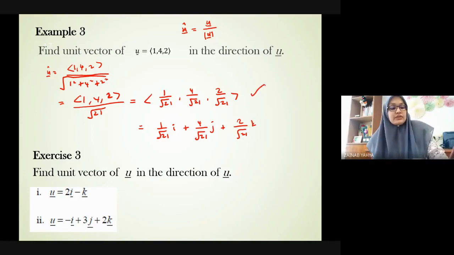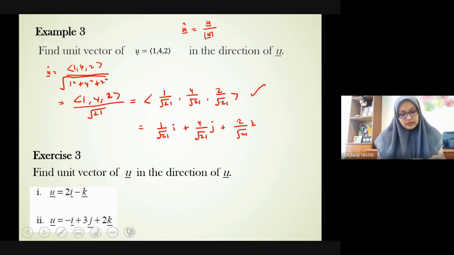Normally I'll just leave it like this, because I don't want to write ijk. If you try to find the magnitude of this unit vector, eventually you must get 1. I leave it as your exercise later.